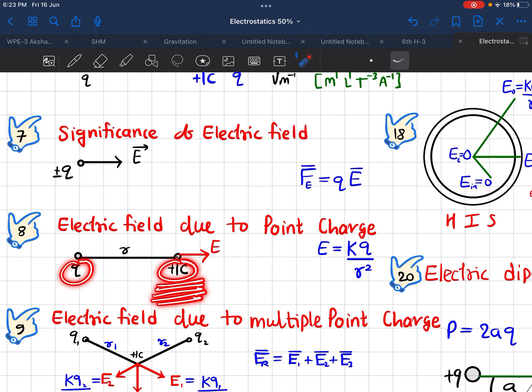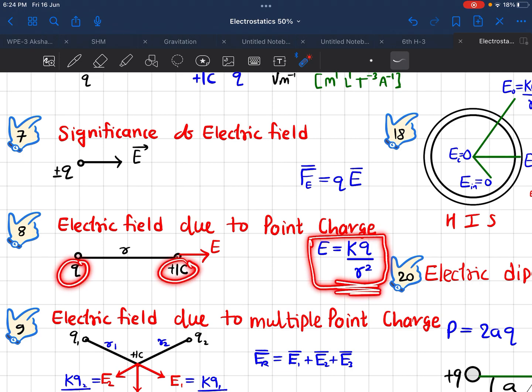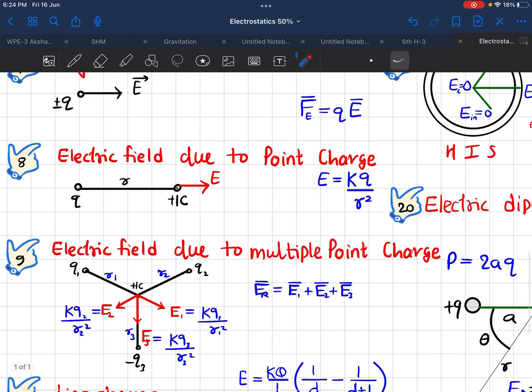That force is called the electric field of this Q. We will use the formula of Coulomb's force, and it will be E equal to K into Q into 1, that means KQ divided by r square. That is the electric field of this point charge. So the electric field of a point charge is E equal to kq by r square.